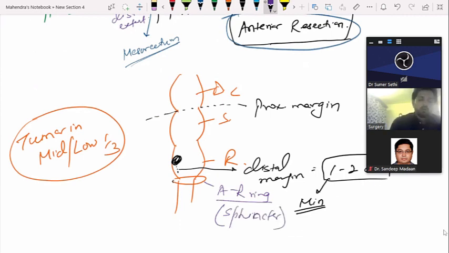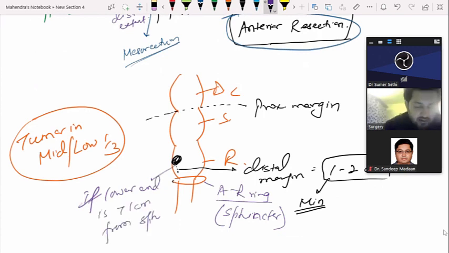Okay, so if the lower end of the tumor is more than 1 centimeter from the sphincter, or anorectal ring, then what you can do is take the distal margin here, preserving the anorectal ring.